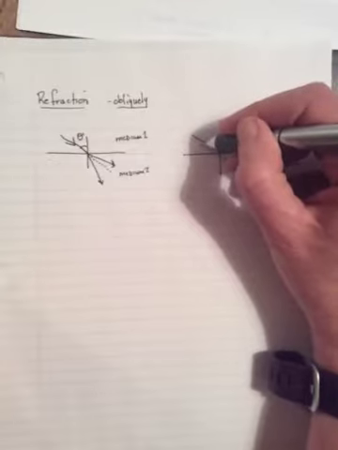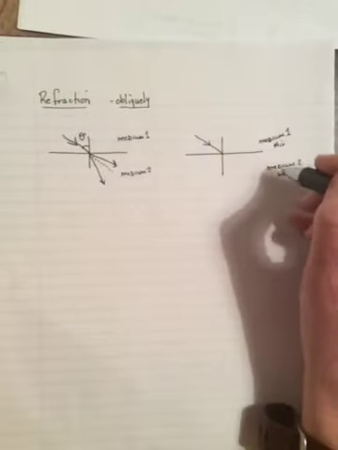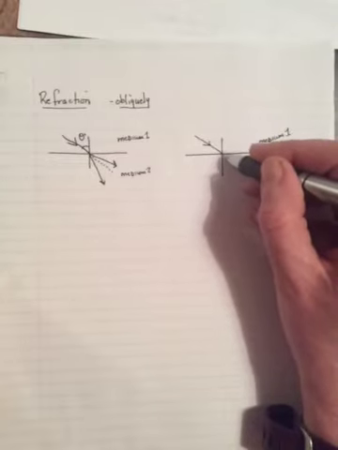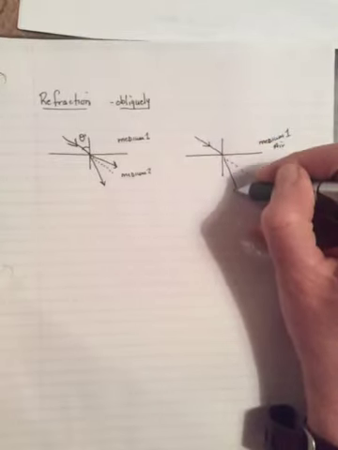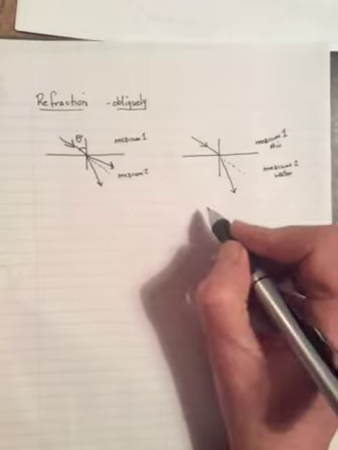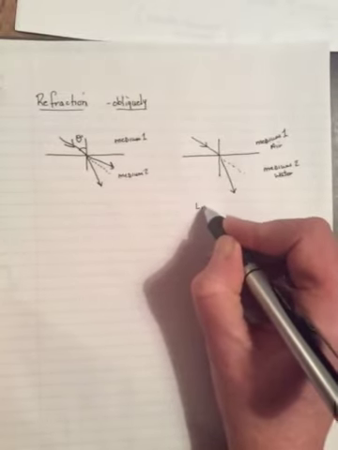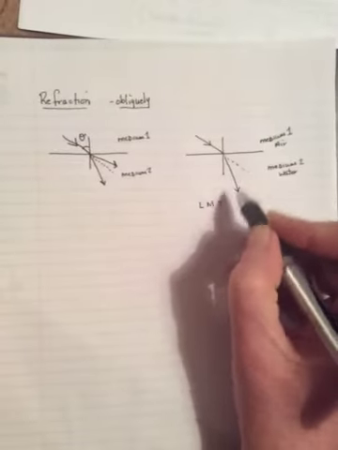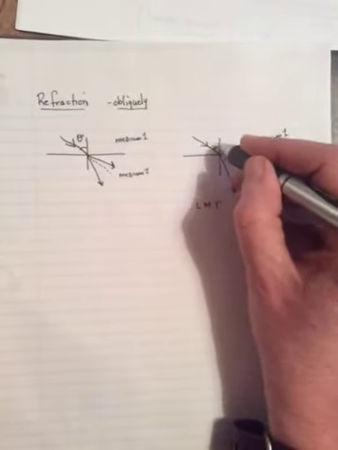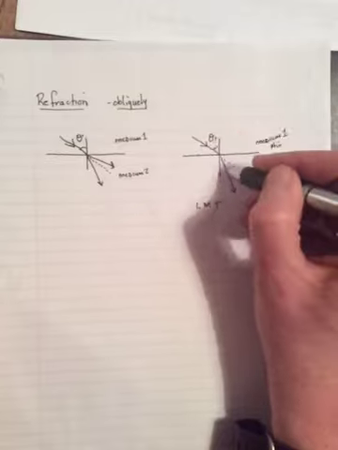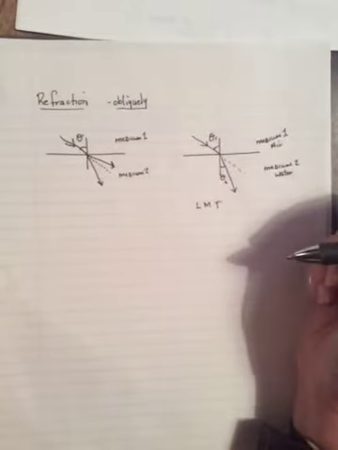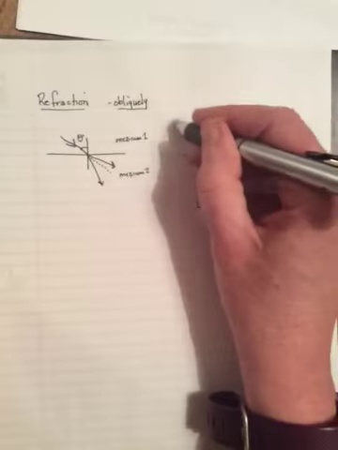When it goes from less dense to more dense, instead of going straight through, it's going to bend towards the normal. So we say less dense to more dense, towards. So it bends towards the normal, which means the angle of refraction is smaller than the angle of incidence. Okay? So that's one scenario.